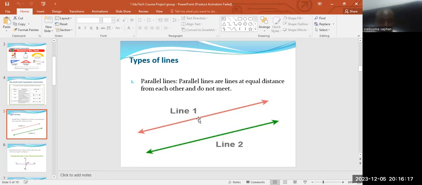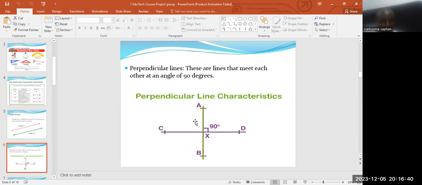As you can see in our picture here, we have a picture illustrating parallel lines. We have line 1 and line 2. They have been differentiated as line 1 and line 2 in different colors such that you can recognize them. So in your free time, please feel free to visit these charts and you get to know more about how these parallel lines look like.